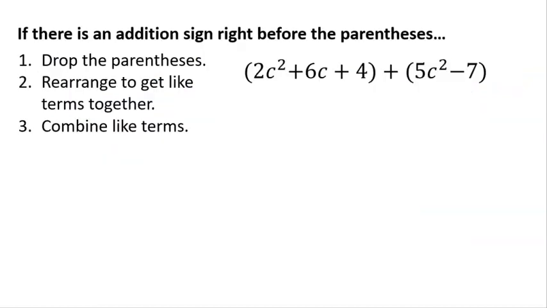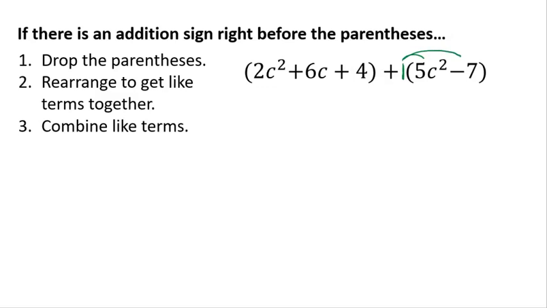Let's go ahead and get started. If you see an addition sign right before the parentheses, I want you to remember that there's a 1 there. And if we're going to be distributing a 1, that doesn't really change what we have in the parentheses.